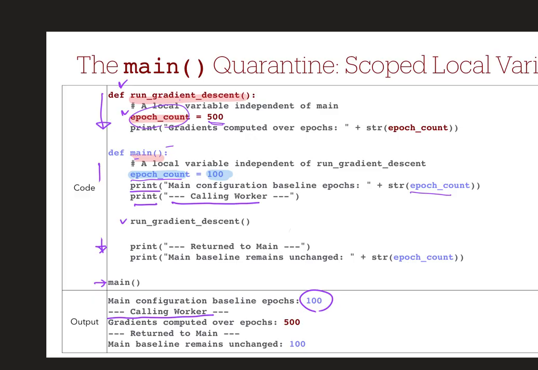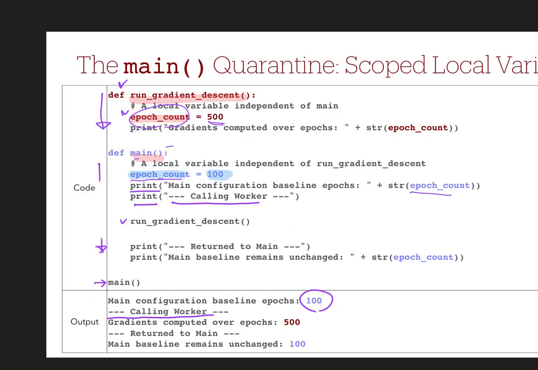So you have two different variables under the same name. Technically speaking, those are defined with different names inside the memory, but for the human beings, the two variables seem to have the same names, though. Anyway, the epoch count variable for the run gradient descent function is created with the value 500.